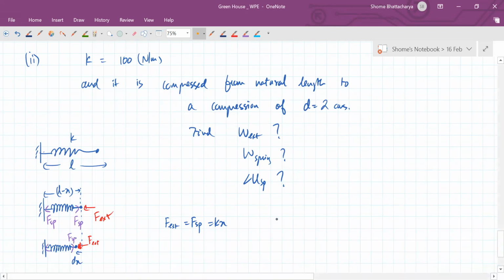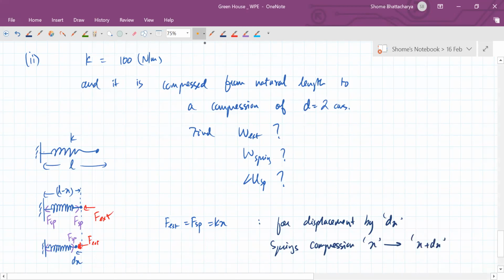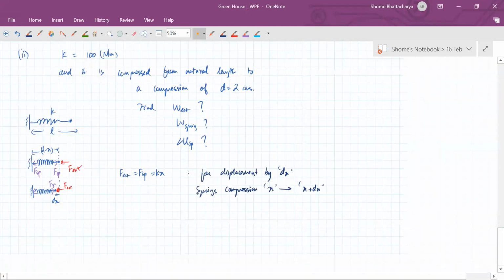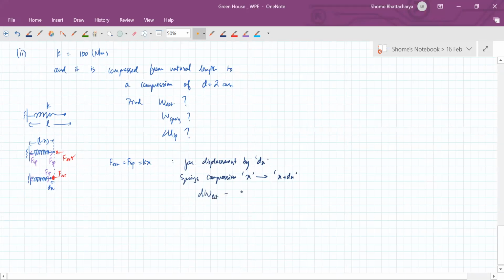So for the displacement by dx, the spring's compression going from x to x plus dx, my corresponding work done by external agent is positive.